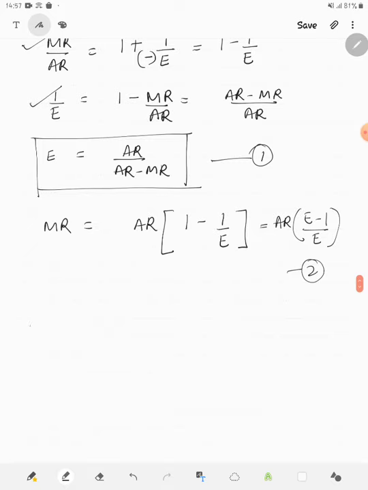Now we can also find out AR in the same fashion. AR will be equal to MR into E by E minus 1. So this is the third equation. So these three equations will give us the relationship between AR, MR and elasticity of demand.